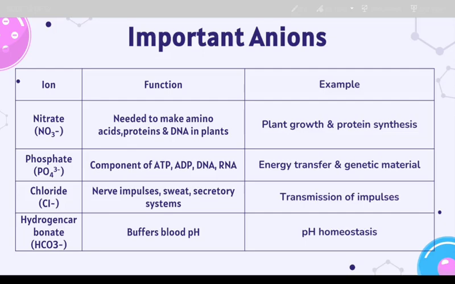Phosphate is a component of ATP, ADP, DNA and RNA, so it helps energy transfer and genetic material. Chloride functions in nerve impulses and secretory systems, for example transmission of impulses. Bicarbonate ions buffer blood pH and help maintain pH homeostasis.